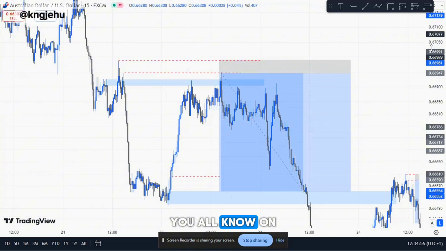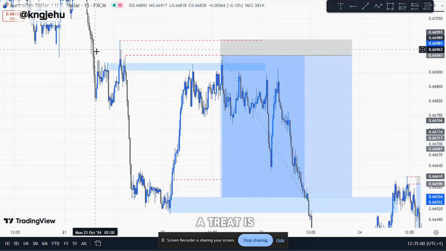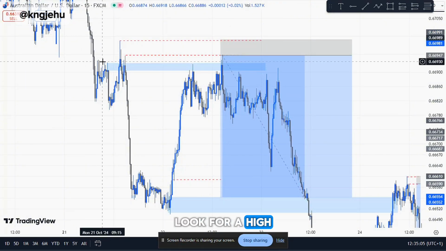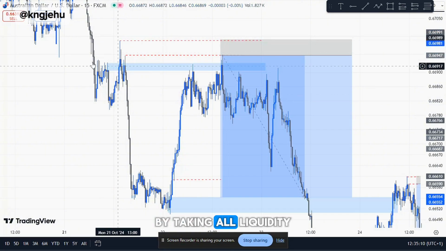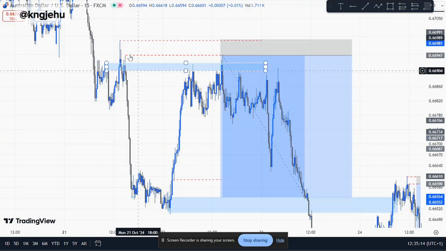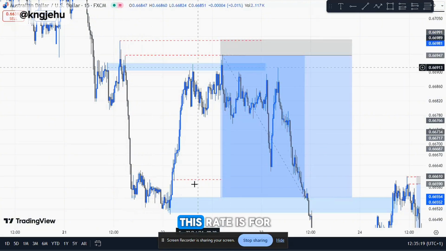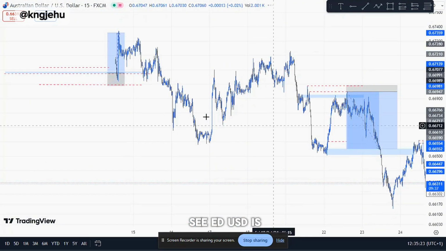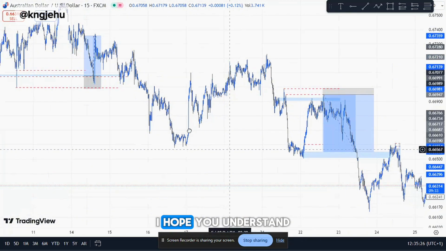First of all, you all know on this channel that what I always look for before I take a trade is within a bearish environment, we look for a high and a low, and then price is going to ride up that high by taking out liquidity above this point, and then gives us a break of structure, and this is our structural liquidity. So this scenario for this trade is for bearish environments, and as you can see, AUD USD is going down. Good, I hope you understand the reason.